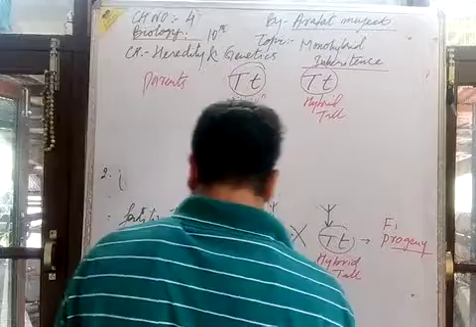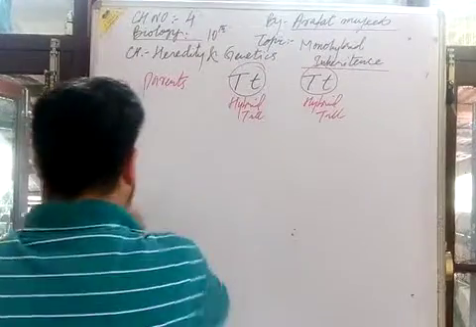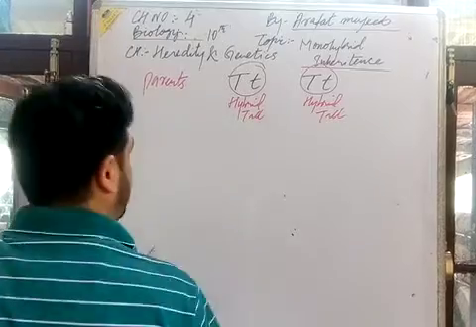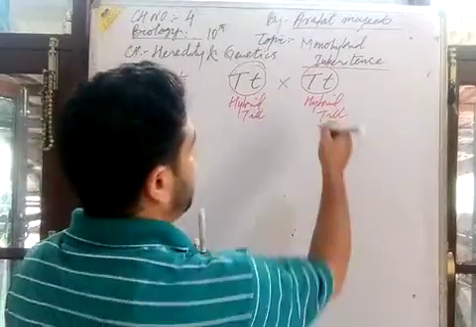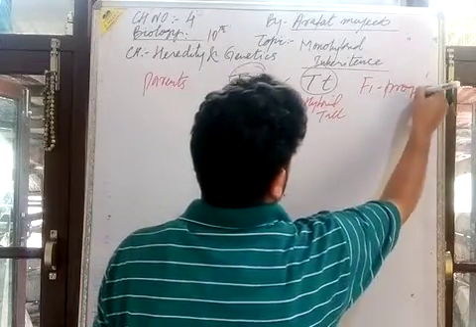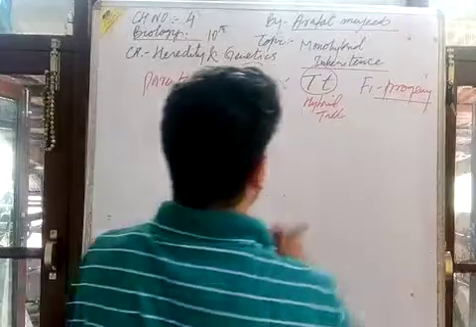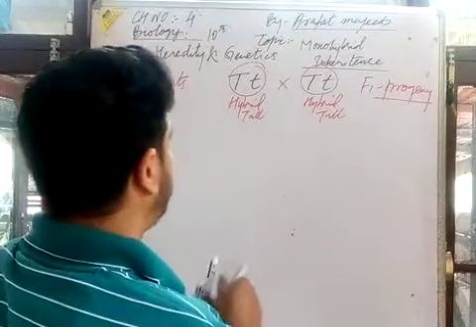And now again there is gamete formation when Mendel makes a cross between the two. He performed a cross of the F1 progeny, the same cross. It is a continuation of the monohybrid cross.